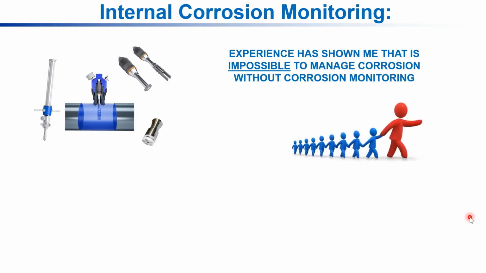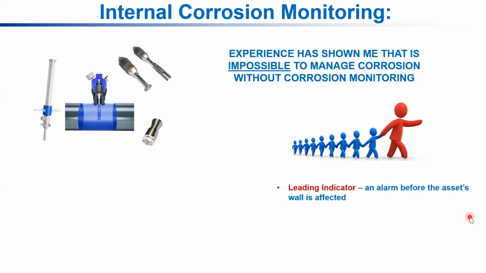And monitoring are leading indicators. They give you an alarm before the asset's wall is affected. Before I see something happening to the wall of my asset, maybe a tank, a vessel, a pipeline, any asset out there, it is telling me, hey, something is going on.